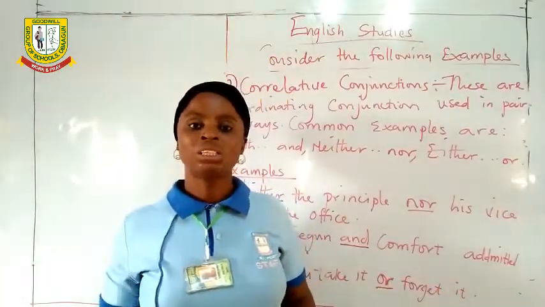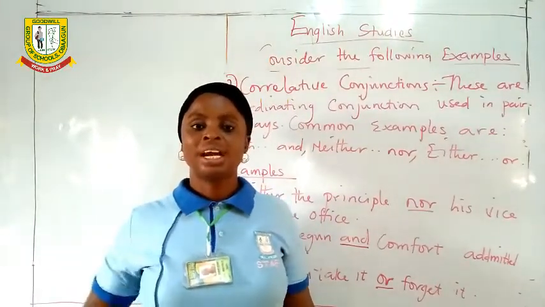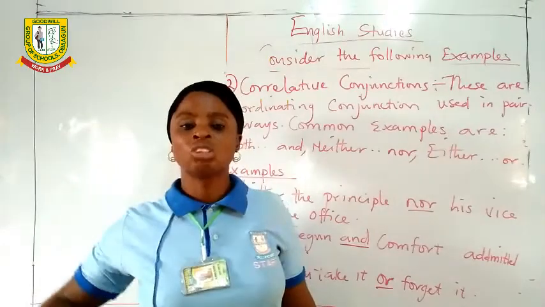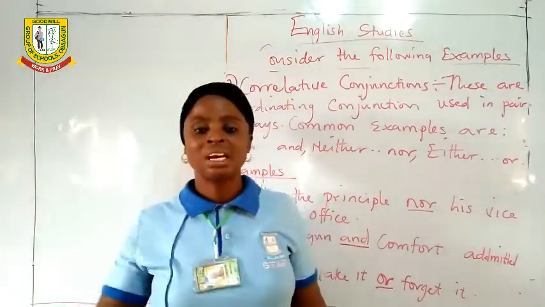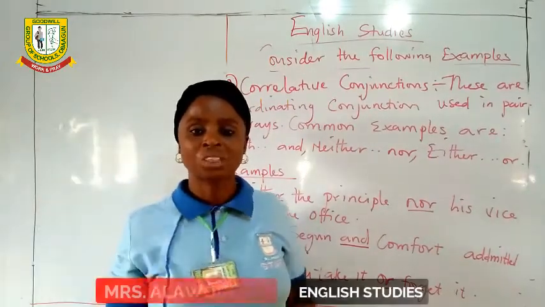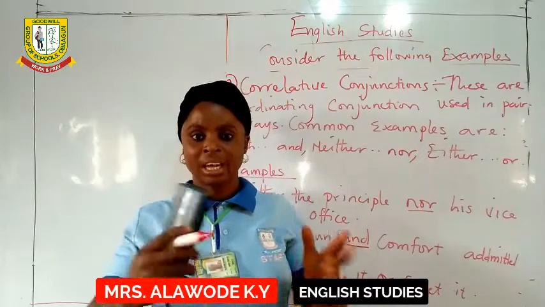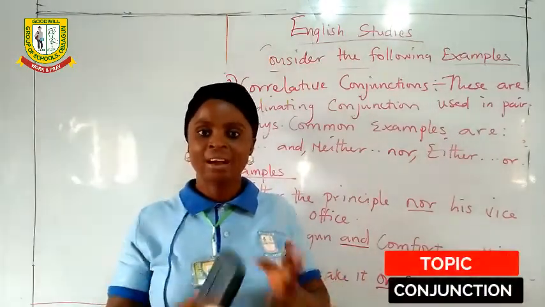So the second one that I've explained is correlative conjunctions. I said these are coordinating conjunctions that are used in pairs. And the common examples are both and, neither nor, either or.